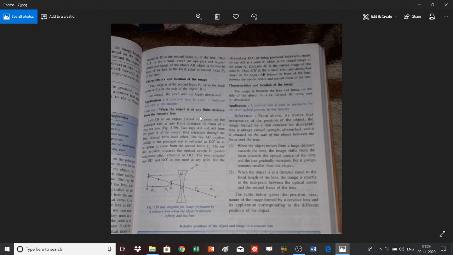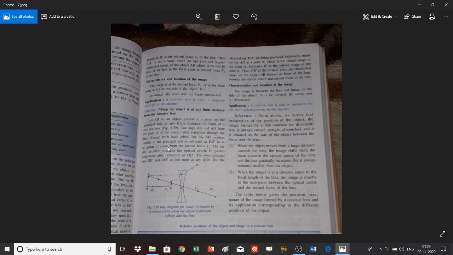And you have to remember that in all cases the brightness of the image will be diminished with respect to the object. Now applications: a concave lens is used in several cases, and it is written here. Just look at it, just read it.